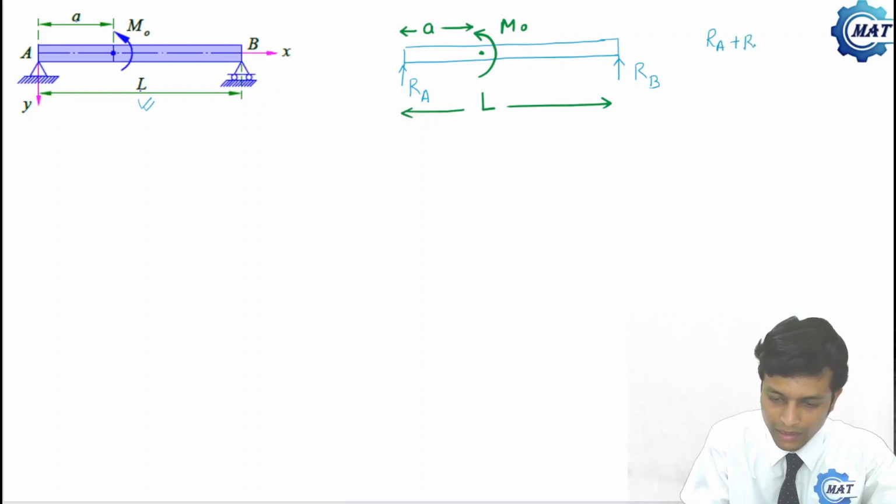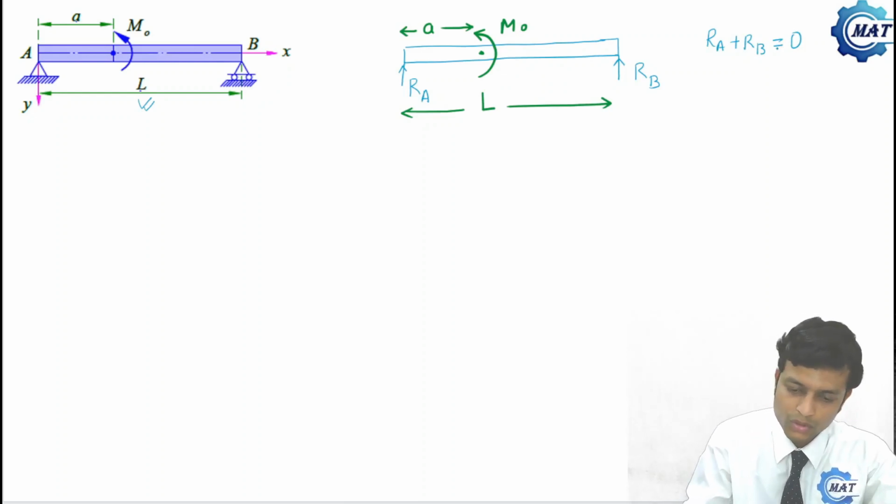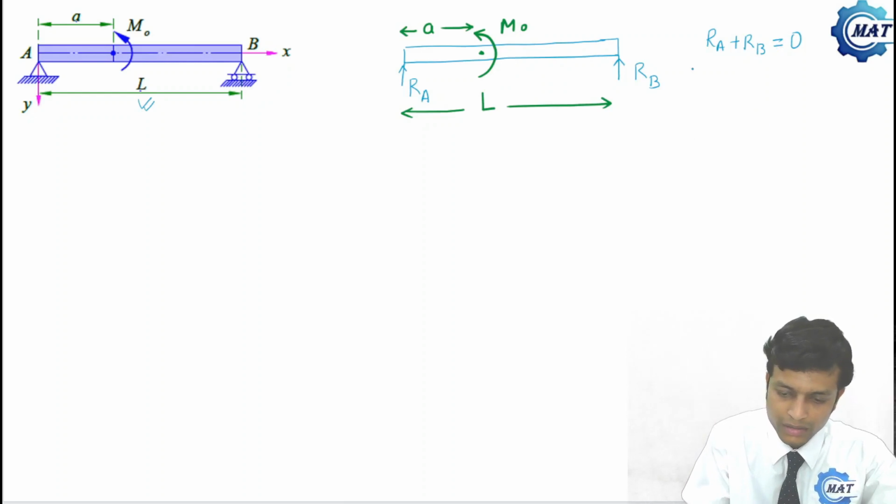Ra plus Rb is 0 because there is no vertical force. And if we consider the summation of moment about point A is 0, then what we will get?